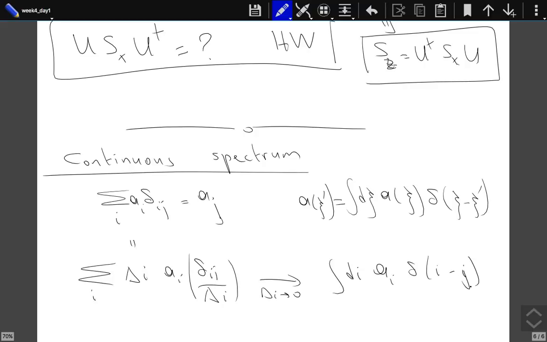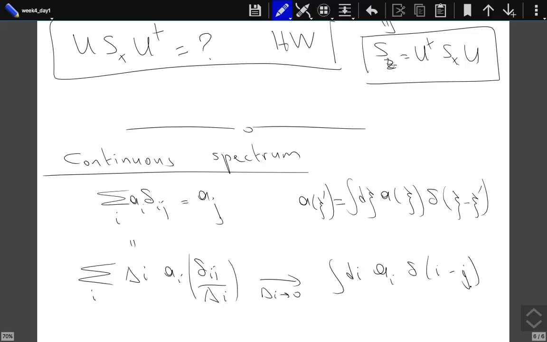Of course, this is not the common notation we use for functions of a continuous variable, so that's why I changed it over here. And here I have another function. Well, the properties of this function are, let's say, if I am talking about two different eigenvalues, this function is 0 in the limit as delta I goes to 0.